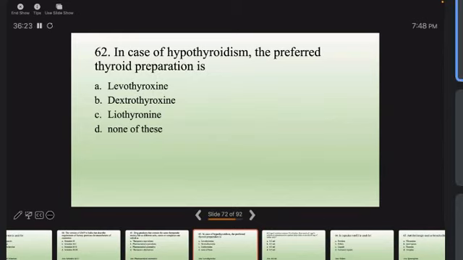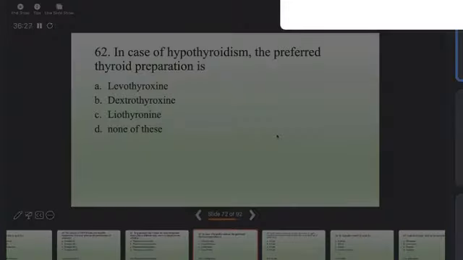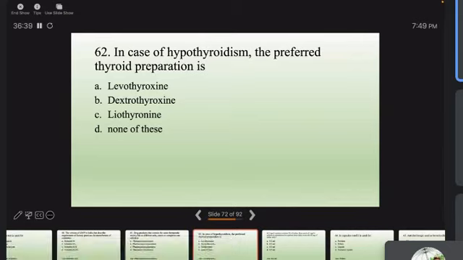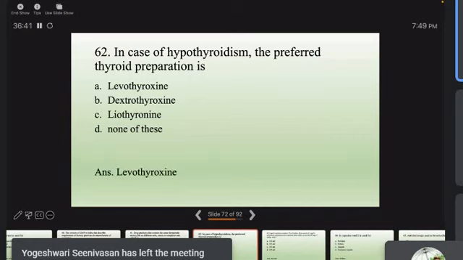Levothyroxine is an active form, correct. So what is liothyronine then? T3 hormone, correct. Synthetic T3 hormones are also available. So the answer is levothyroxine.